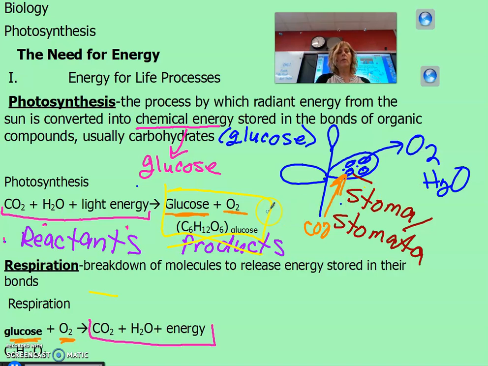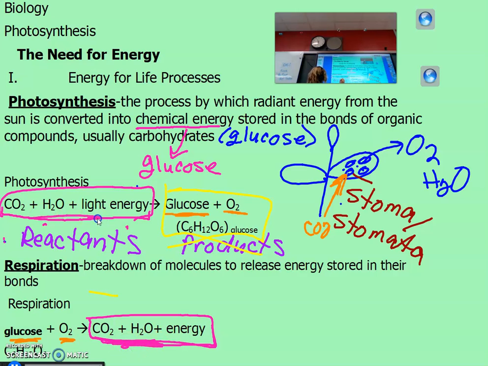We already talked about respiration, which is the breakdown of those molecules into usable energy like ATP. When we talked about respiration, we said, look at this: the products of cellular respiration are essentially the same as the reactants in photosynthesis.